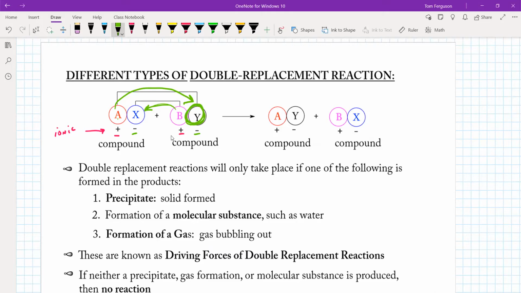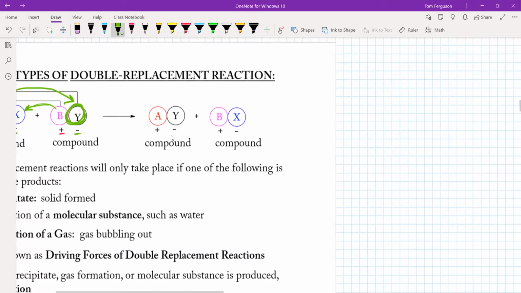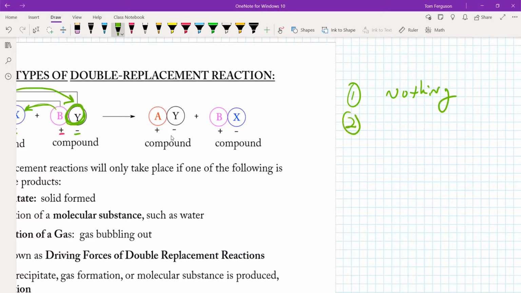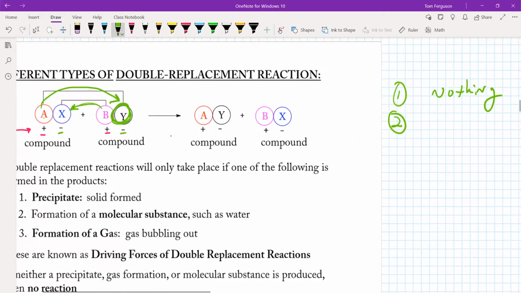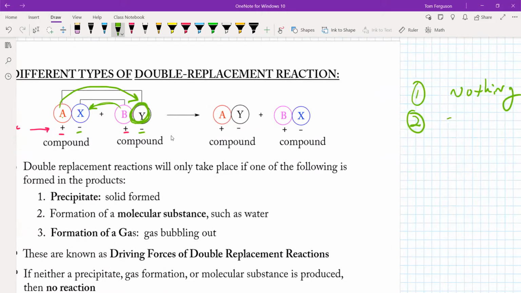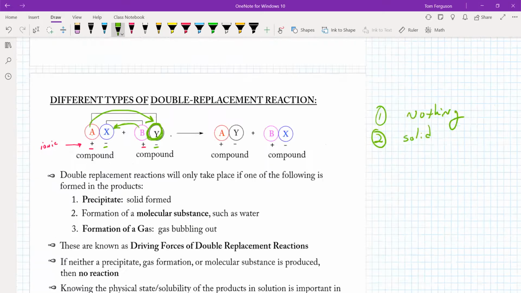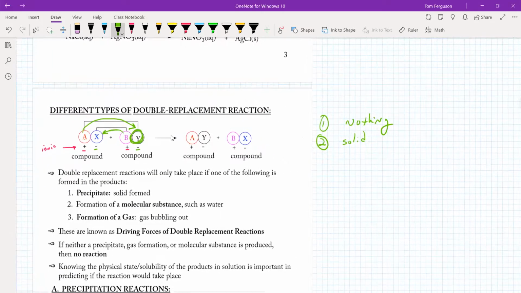Now, one of two things happens. Nothing happens. Or we get a solid form.